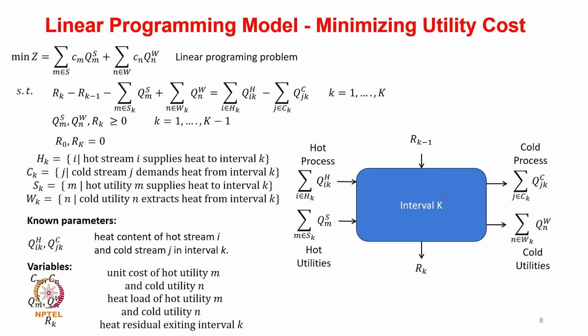We are interested in minimizing the utility cost. So let us define two variables: Cm, which is the unit cost of hot utility M, and Cn, which is the unit cost of cold utility N. Then we have Qms, which is the heat load of hot utility M, and Qnw, which is the heat load of cold utility N. Again, we want to minimize the utility cost, so we define the objective as the summation of Cm times Qms over all such streams plus Cn times Qnw over all such streams.